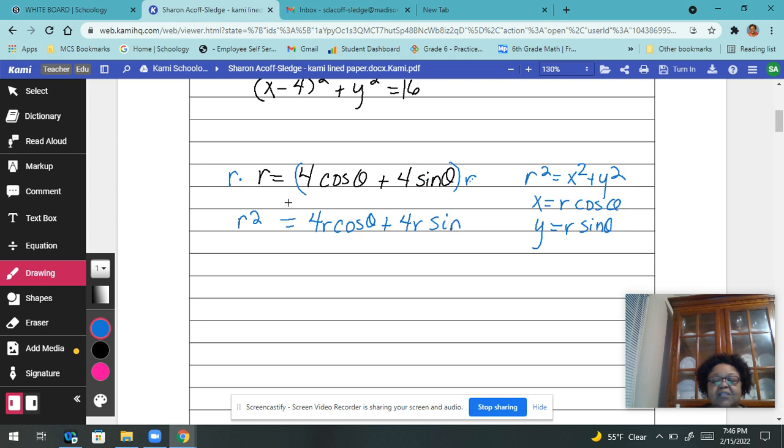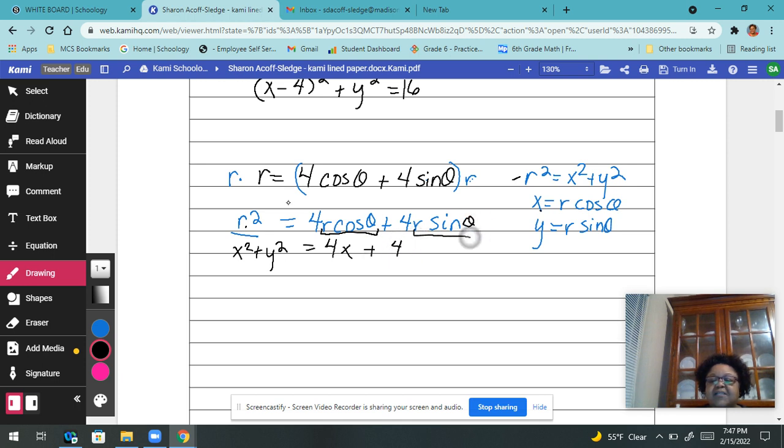So you'll start noticing some things. r squared is what? x squared plus y squared. See it? r squared, r squared. 4, what is r cosine theta? x. I forgot my theta. And we have a 4.